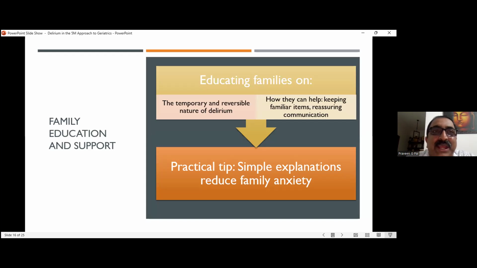I am trying to understand what my relative, my son or my daughter or my husband, wife, father, mother, or my sister is going through. I am asking a doctor about them because I am anxious about what is happening.